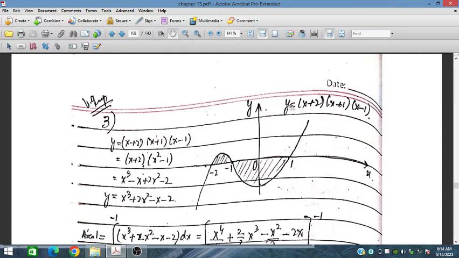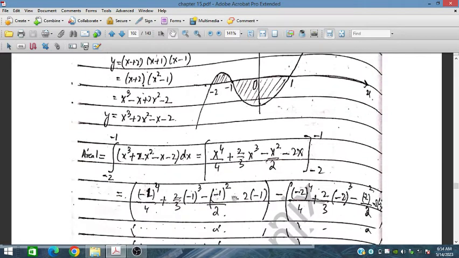The function y is a polynomial, y equals x plus 2, x plus 1, and x minus 1. So this is a cubic polynomial. Expanding, y is x cube plus 2x square minus x minus 2.